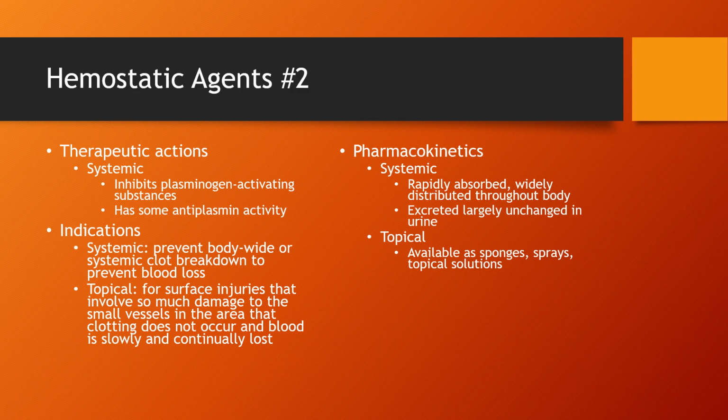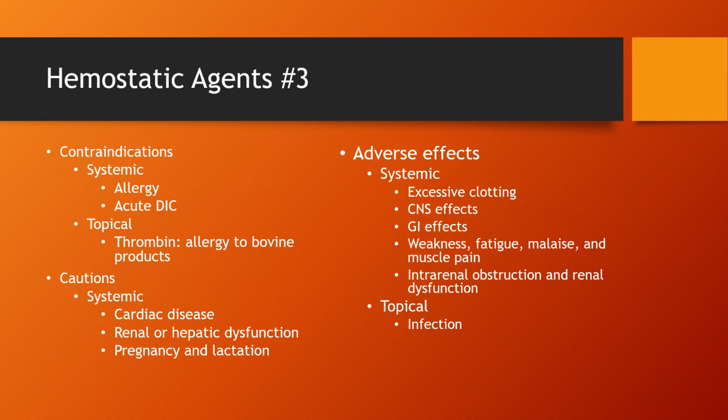Systemic-wise pharmacokinetics, it is rapidly absorbed and widely distributed throughout the body. Topically, it's available in sponges, sprays, and topical solutions. Contraindications for systemic, of course, are going to be allergies or acute DIC.